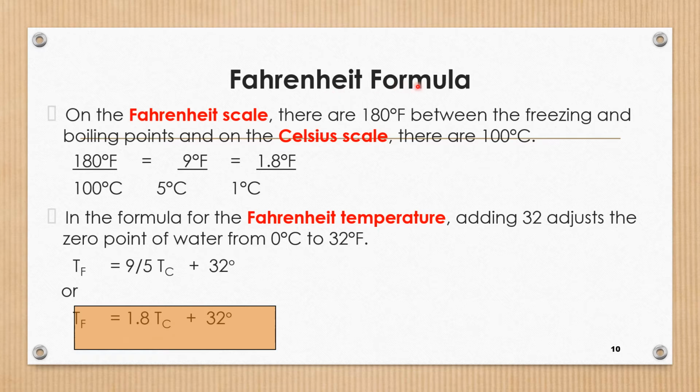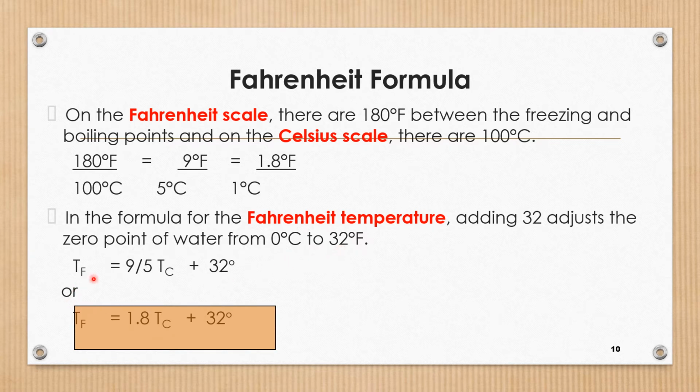For the Fahrenheit formula, on the Fahrenheit scale, there are 180 degrees Fahrenheit between the freezing and the boiling points. And on the Celsius scale, there are 100 degrees Celsius. So 180 degrees Fahrenheit over 100 degrees Celsius, or 9 degrees Fahrenheit over 5 degrees Celsius. In the formula for the Fahrenheit scale, adding 32 adjusts the 0 point of water from 0 degrees Celsius to 32 degrees Fahrenheit.